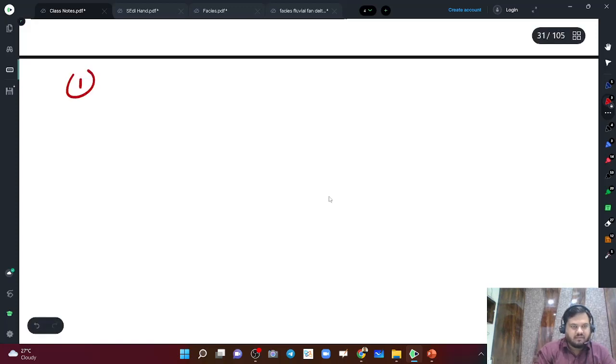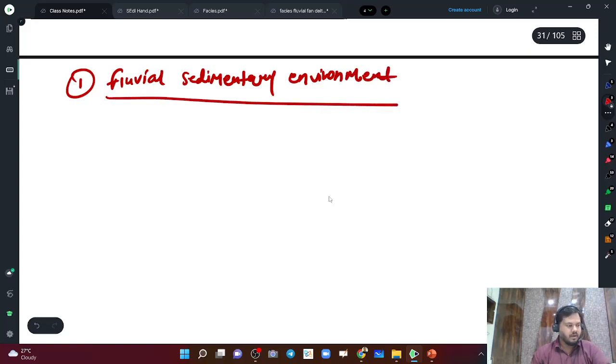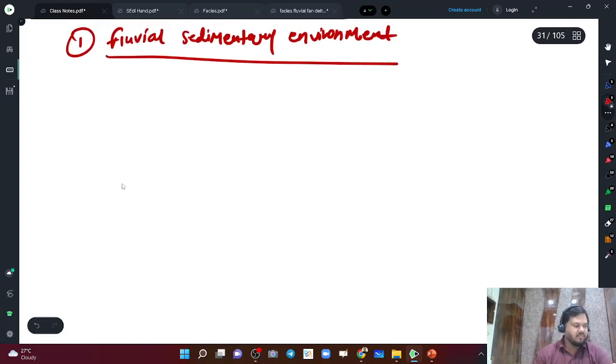So the first kind of sedimentary environment is fluvial, right? So firstly, what is fluvial sedimentary environment? This is a terrestrial deposition environment dominated by river, right?